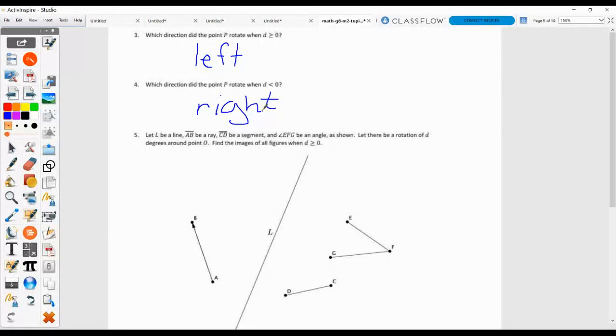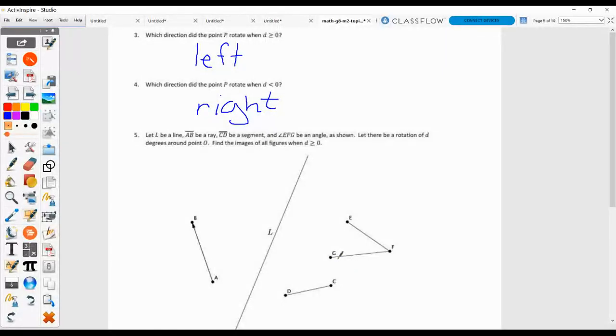Okay, this next one, it says, let L be this line. And we see our line. So let L be the line, and AB be a ray AB. Now notice it stops at A and it goes towards B. And then we have segment CD, which has an endpoint at both sides.